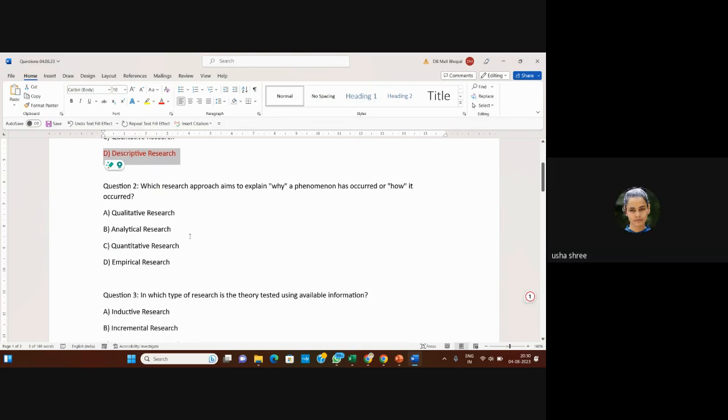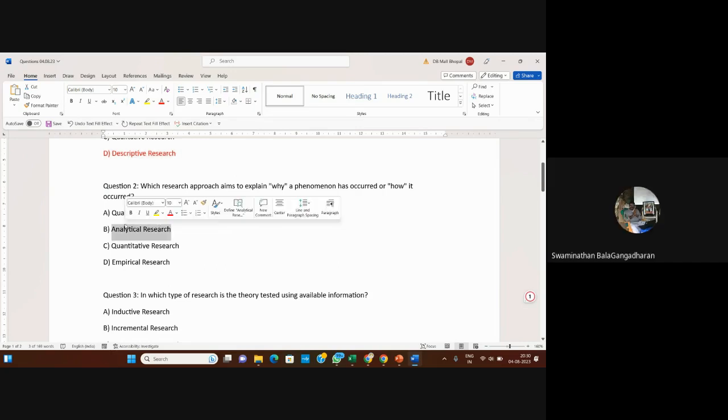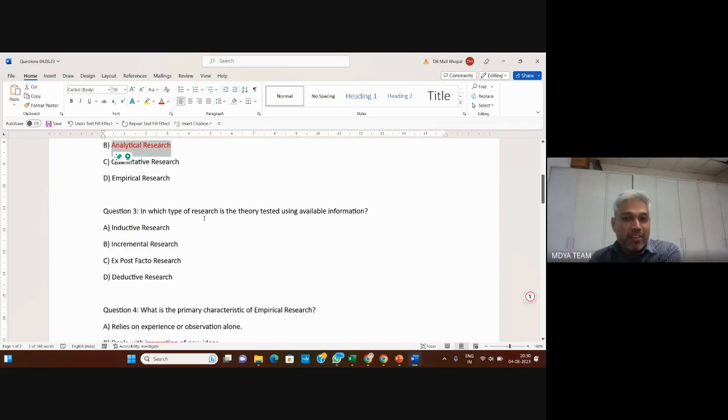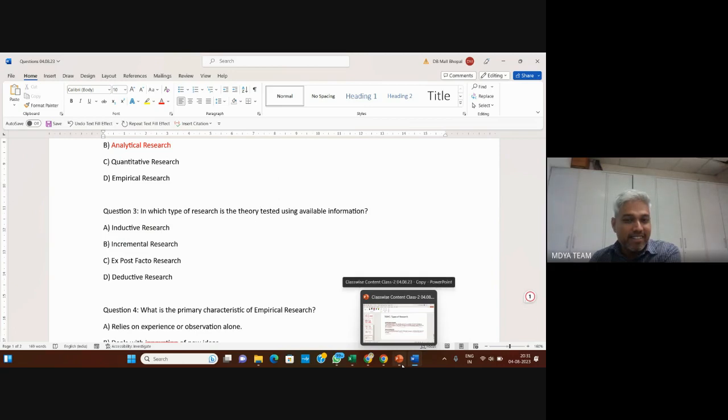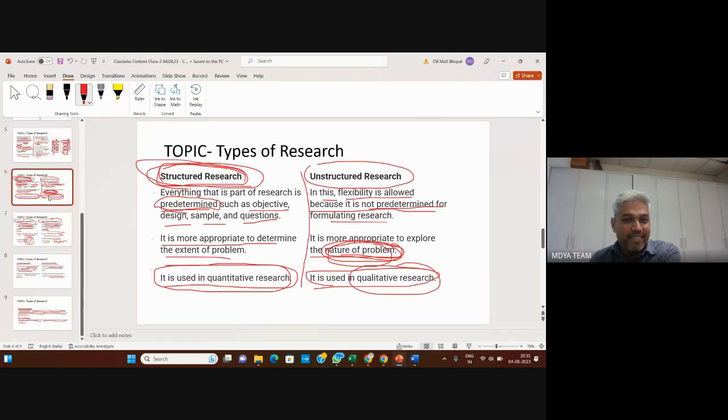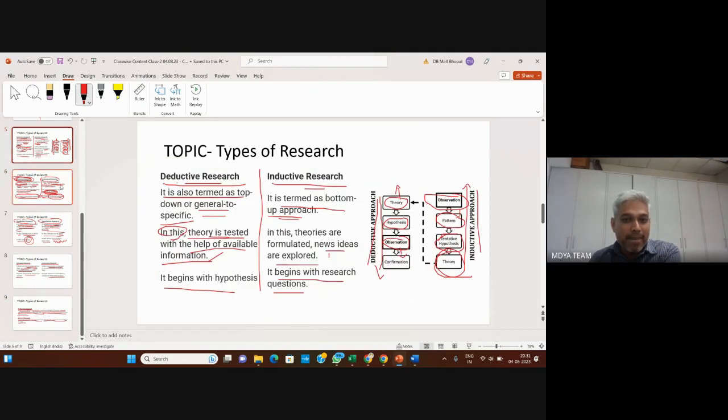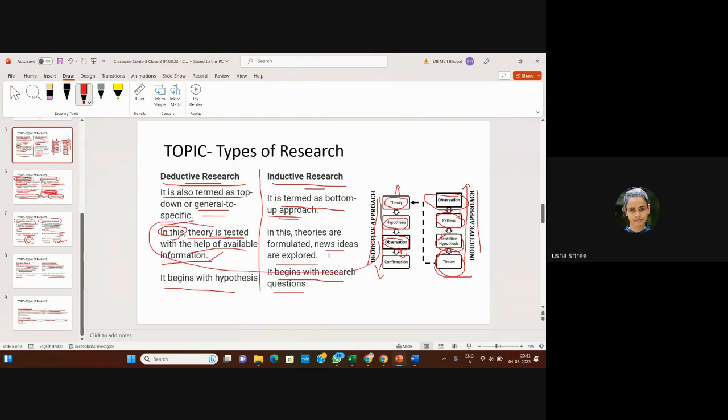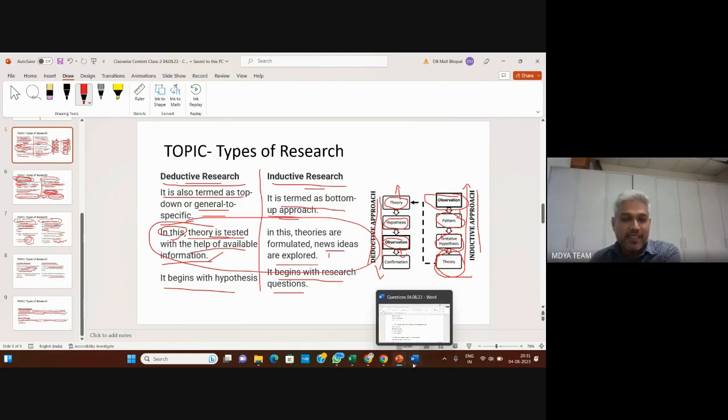In which type of research is the theory tested using available information? Deductive, I think. Yes.